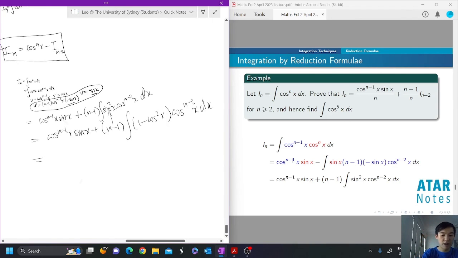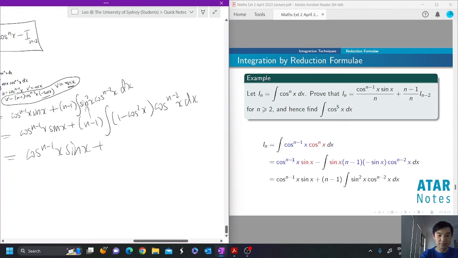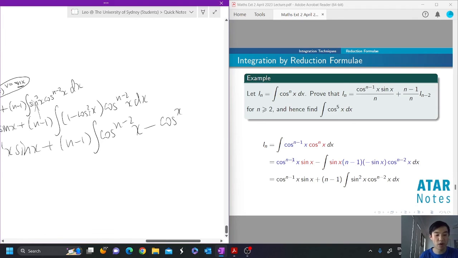And then when you proceed, you will get (n-1) times the integral of cos^(n-2) x minus cos^n x. Notice how cos squared x times cos x to the power of n minus 2 will just become cos^n x.